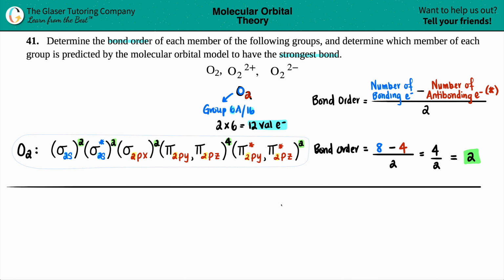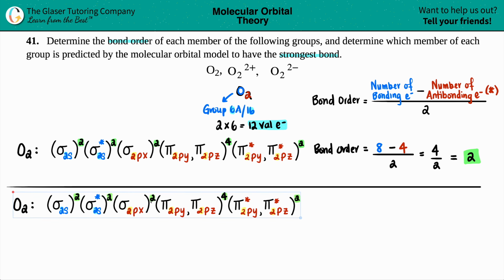I'll just take the molecular configuration. And now I'm just going to make this one O2 plus. Or actually, it's O2 2 plus. Now remember, a plus 2 means that you lost, whereas a negative 2 means that you gained.